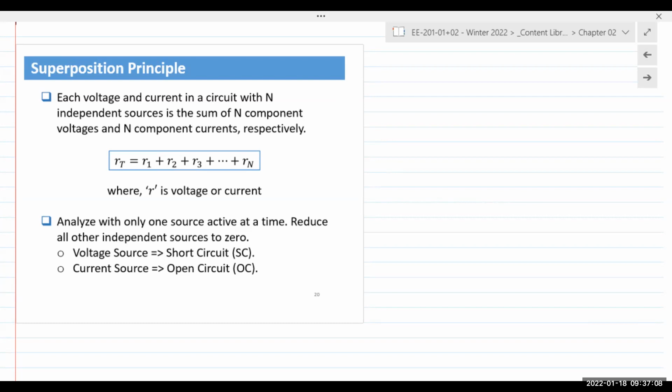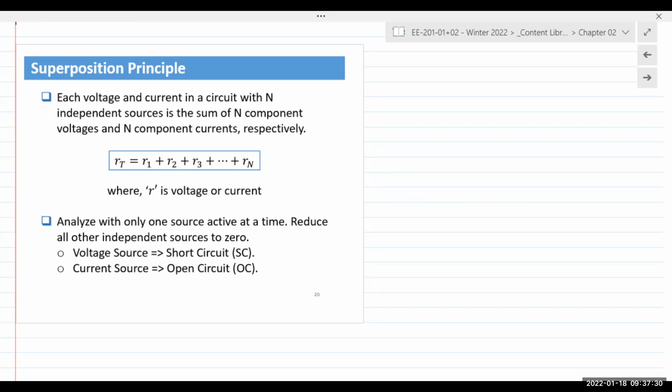It's a standard principle which states that if you have a circuit which has n number of sources, whether the source is a voltage source or a current source, the voltage or current at any given point in that circuit is a sum of all of those sources working together.